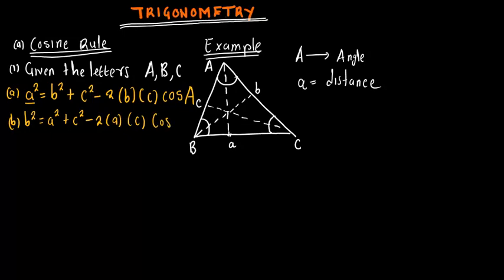Then I say cosine, the same letter which I put at first. Now, I'm using these small letters, then I'm relating them to their angle.